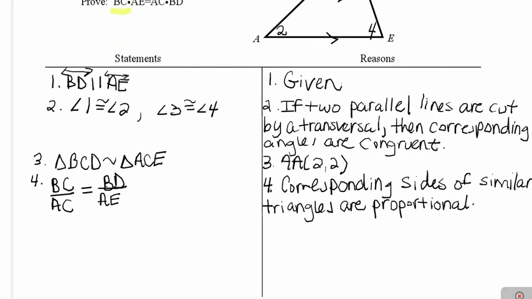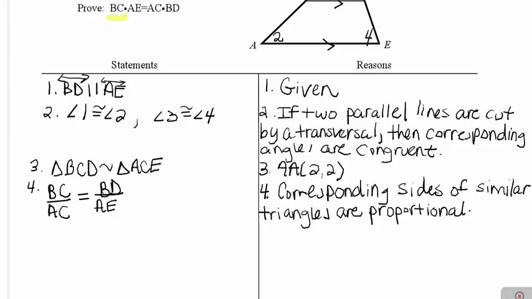And then our final step is to say that those products are equal. So BC times AE is equal to AC times BD. And notice that I went from step 4 to step 5 just by simply cross multiplying. So I multiplied those two together, those two together, and that fancy name for cross multiplying is the means extremes product theorem.